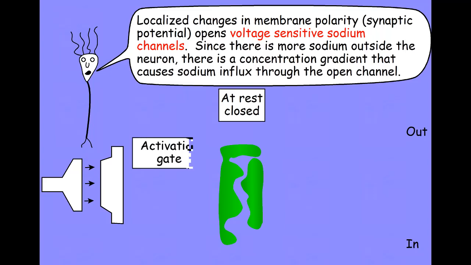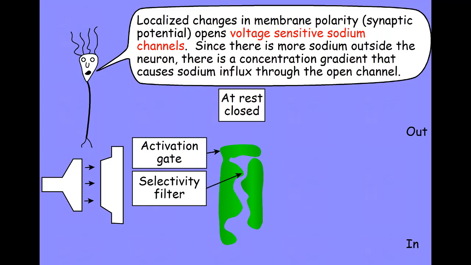We have a sodium voltage sensitive channel here. When it's closed, it has both its activation and its inactivation gates closed. It's got a selectivity filter that allows it to let in sodium and not other things.